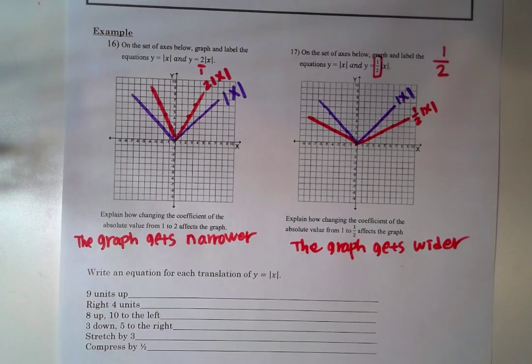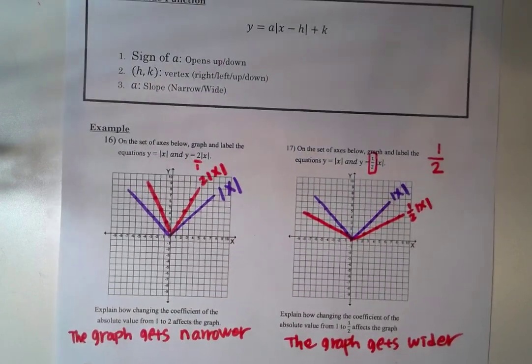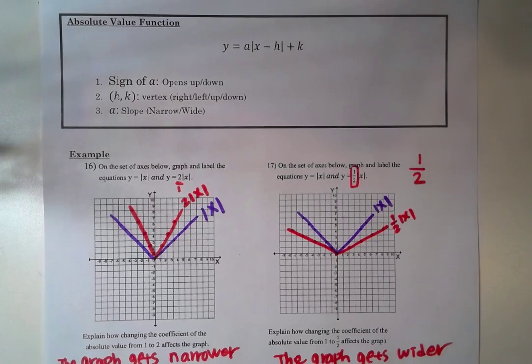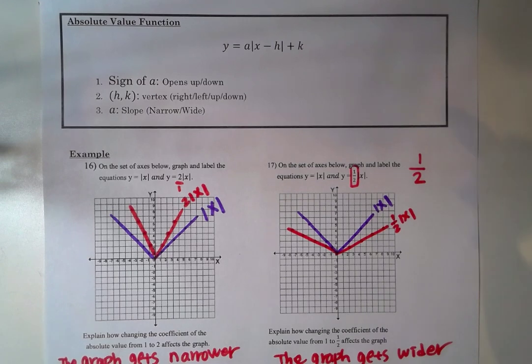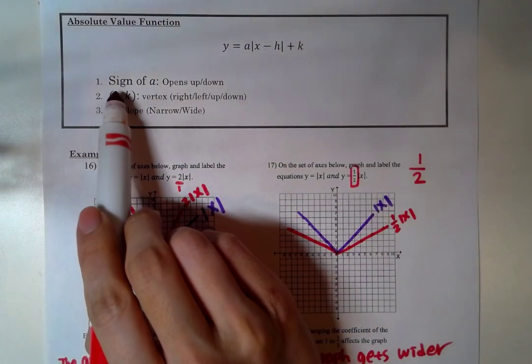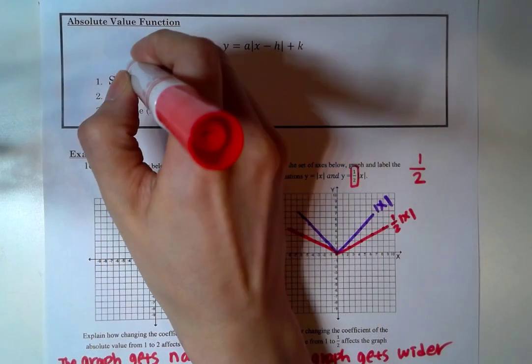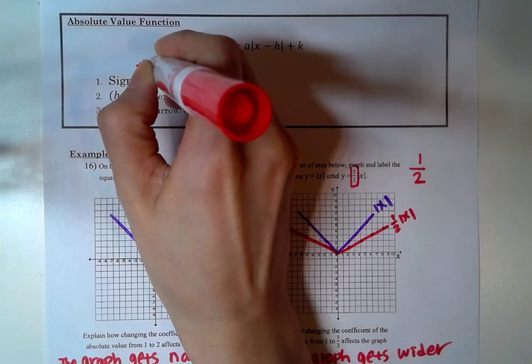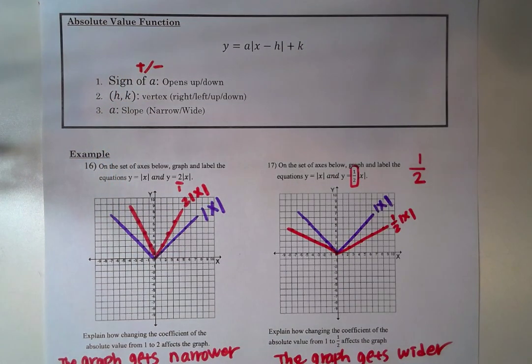Alright? And also, when you look at the top, I put the box. You should have this box in your notebook. So this is my absolute value function, and the sign of a, positive or negative, decides whether the graph opens up or down.